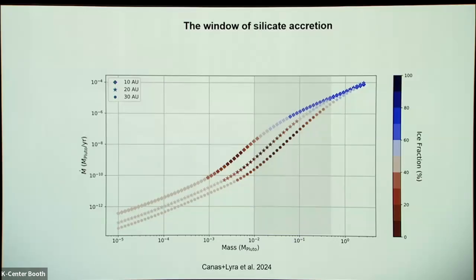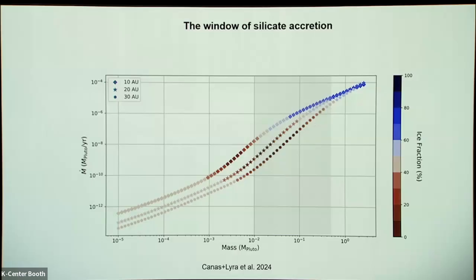So what was going on at the lower distances, at 10 AU? These lines here are the mass accretion rate, the rhombus here for 10 AU, the stars for 20 AU, and here for 30 AU. There is a window of silicate accretion. Color-coded here is the ice fraction of the pebble that gives you the best mass accretion rate. So think of it as a typical ice fraction of the pebble that is getting accreted by the seed.